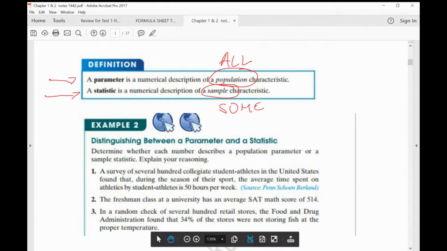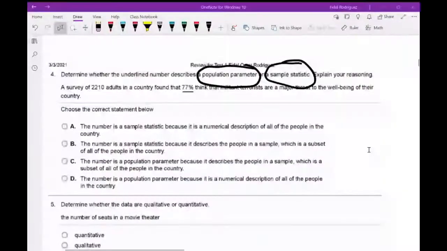Okay, so now I'm going to come back and look at the problem that we were dealing with. All right, so a survey of 2,200 adults in the country found that 77% think that militant terrorists are a major threat to the well-being of their country.